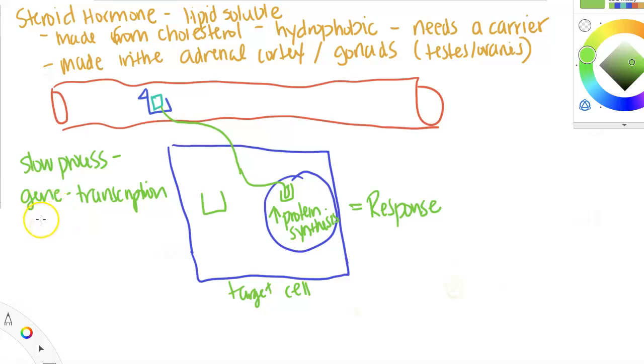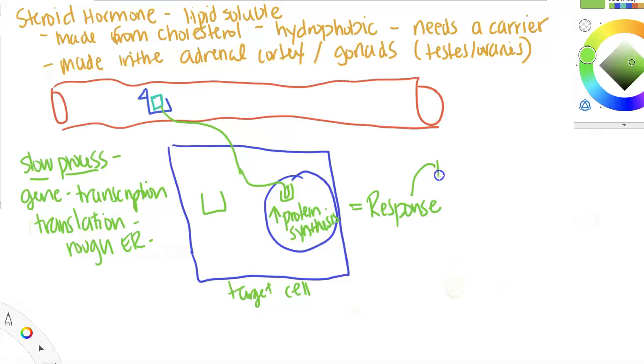Then we have to go out into the cytoplasm and bind, and go through translation of the protein. Then it goes into the rough ER, and then to the Golgi apparatus to get packaged, whatever. All these steps have to go through in order to make a protein. So it's a slow process.